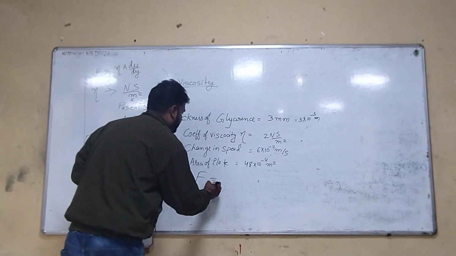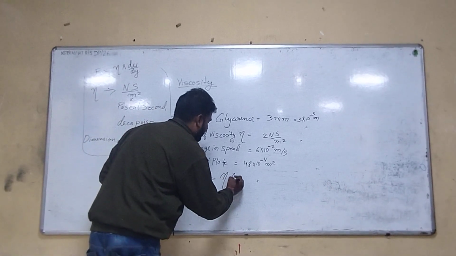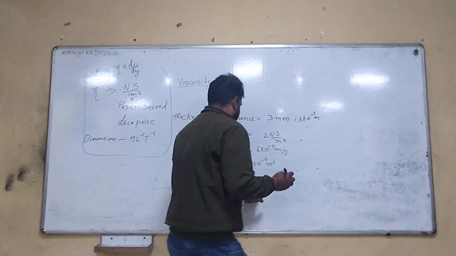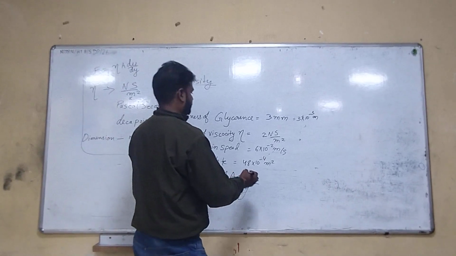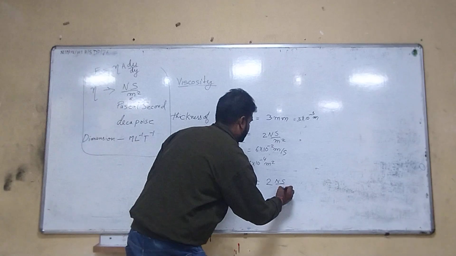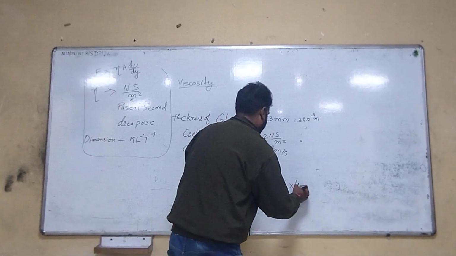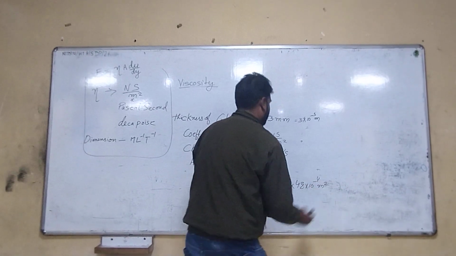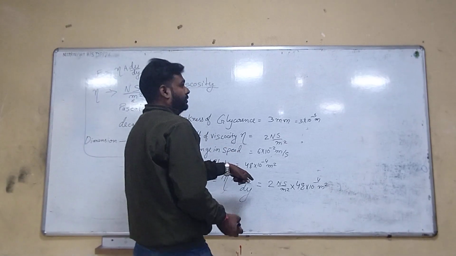F is equal to the coefficient of viscosity into area into the velocity gradient. Putting in the values: 2 Newton second per meter square into the area of the plate, 48 into 10 to the power minus 4 meter square, into du.